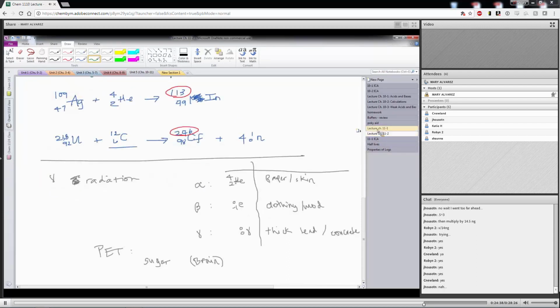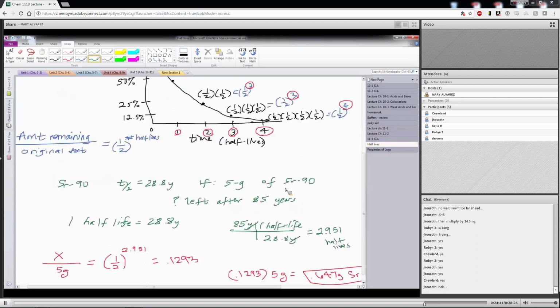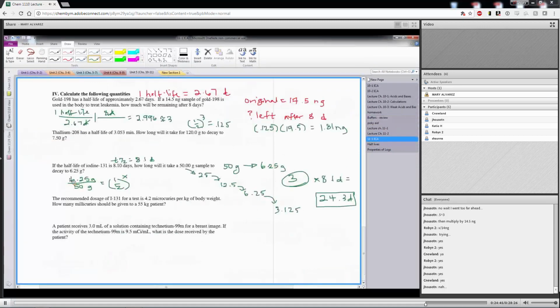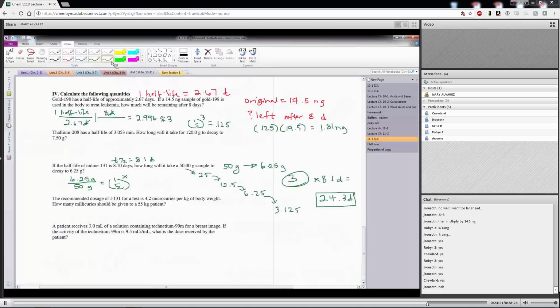I could use that property and say, let's see, where was I? There I was. If I take the log of both sides, then I can say the log of 6.25 divided by 50 equals x times the log of 1/2.